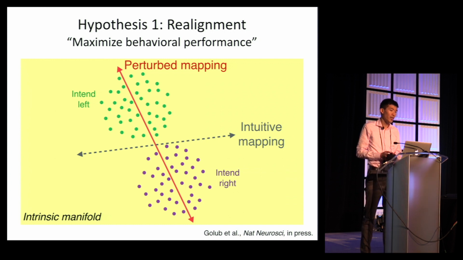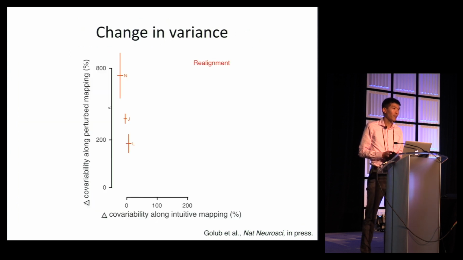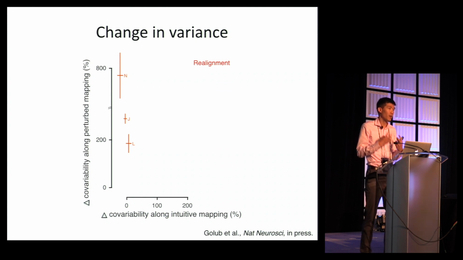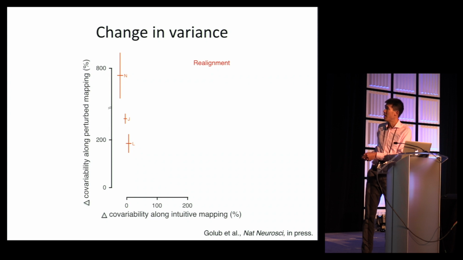That prediction is reflected here in these points. Each of these data points corresponds to one monkey, so this is the prediction based on the neural activity from that monkey. We see a large increase in variance along the perturbed mapping and little change along the intuitive mapping.